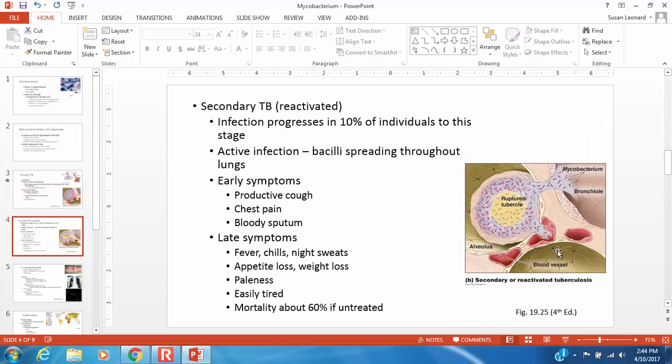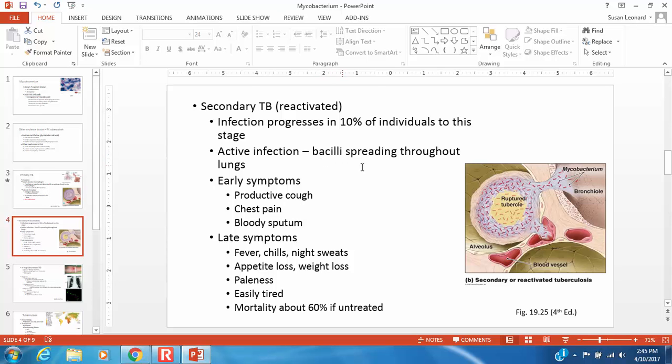Once we have the ruptured tubercle, we get reactivated TB. We think about 10% of the people that have primary TB, eventually those tubercles will rupture. Now you have an active infection.